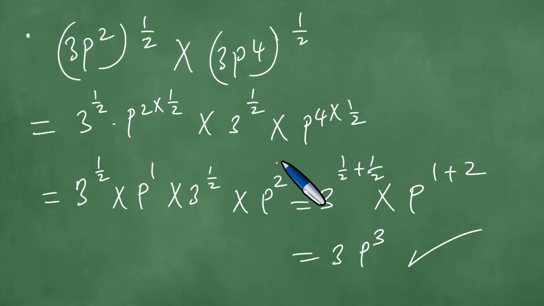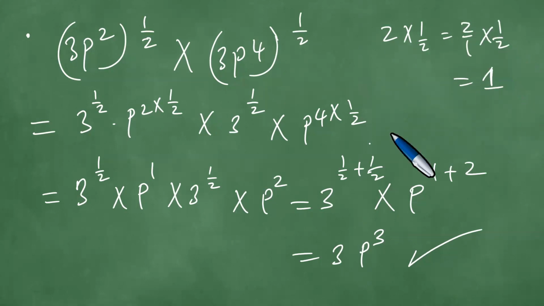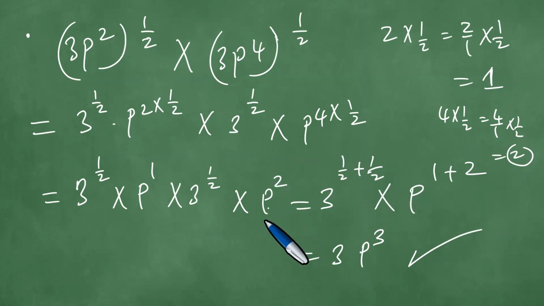Then 2 times 1/2 is 1. This one is 4 times 1/2, which is 2. 1/2 plus 1/2 is 1. 2 plus 1 is 3. Okay, let me give you this one.